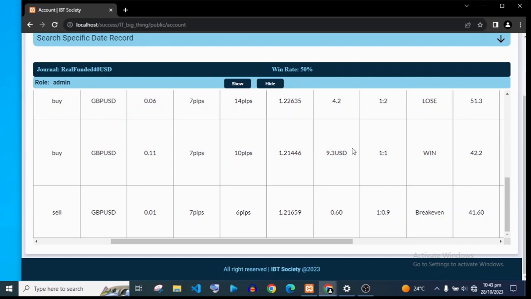So I just came out. When that occurred to me, I came out of the trade in profit immediately, because it's better to come out in profit than to allow myself to lose 20% of my account. So I came out at 10 pips profit, and as you can see, this was the money I made. I made 9.3 USD on that trade.